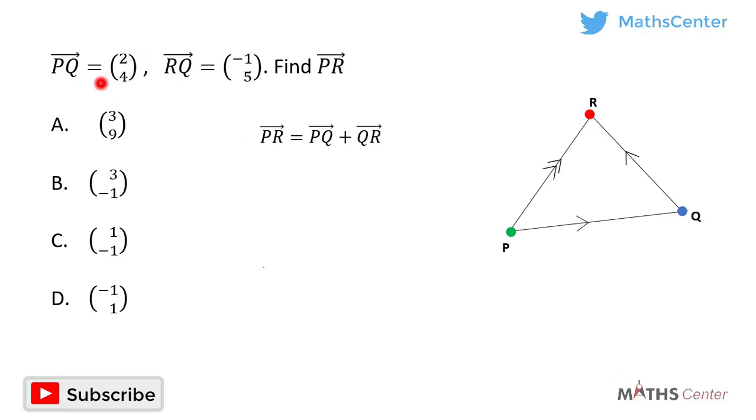From the question, we have been given the vector PQ and the vector RQ. Vector QR is equal to the negative of the vector RQ. We can see from what we have here that PR is equal to PQ plus QR.